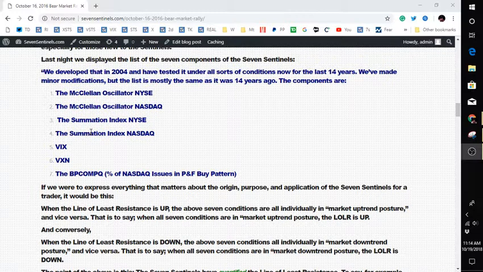So the onset of the line of least resistance in one direction or the other is the point at which all seven together go to a buy, uptrend, or go to a downtrend, a sell.